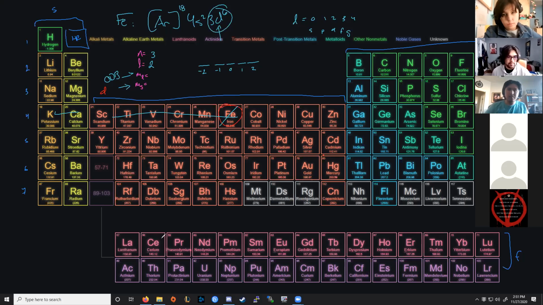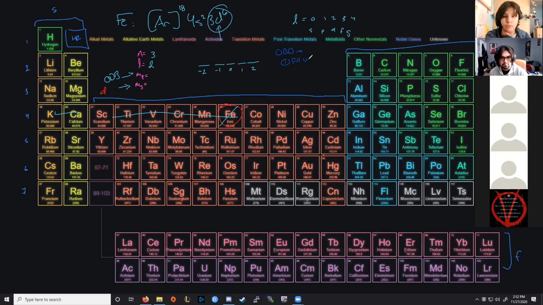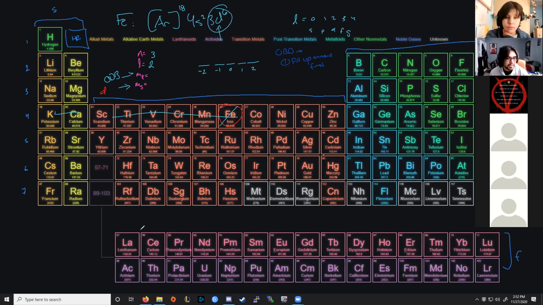Okay. And then when I fill them out, how am I going to fill it out? You put an up arrow in each orbital first. Yes, fill up arrows first. Would I fill all of them up? Yes, I would fill all of them up.